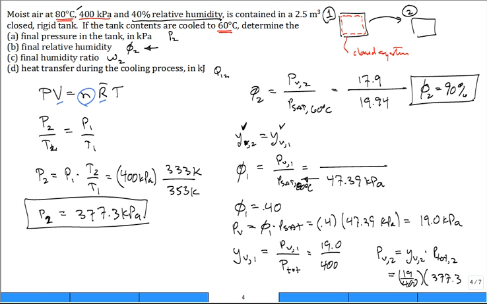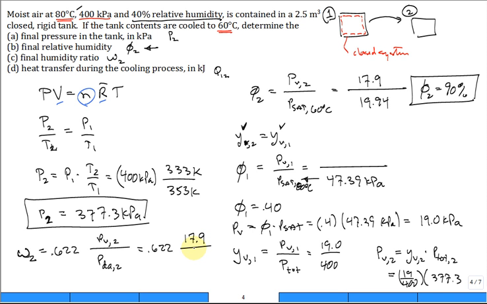Okay? All right. What is the final humidity ratio, omega 2? How do we calculate that, omega 2? Is that 0.622 times the vapor pressure final divided by the dry air pressure final? Is that the equation? Sure. So 0.622. What about the vapor pressure? We just calculated that. That's 17.9.